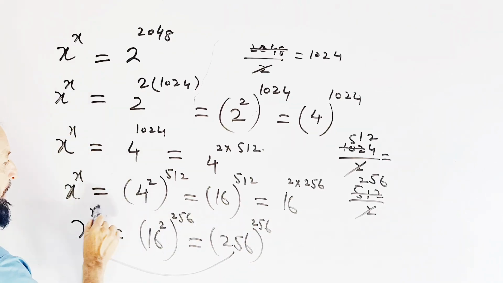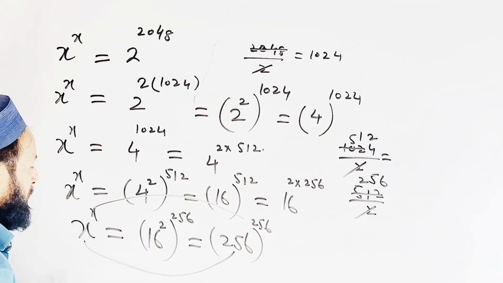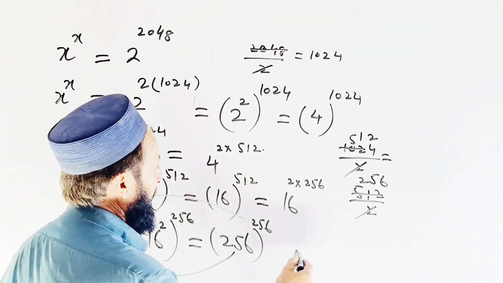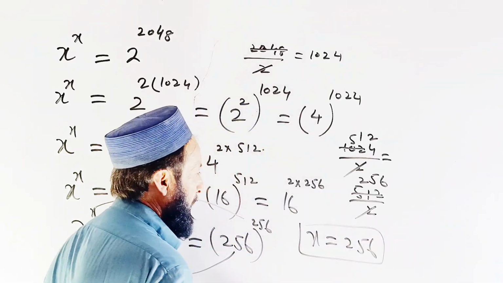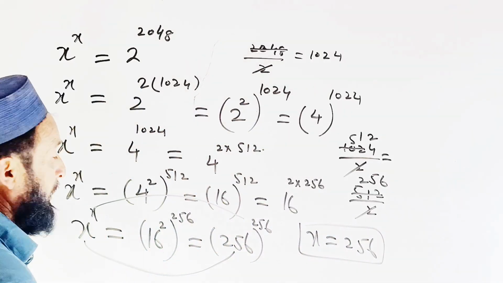Now the bases are the same and the powers are the same. Look here, so we are comparing their exponents. So we get x is equal to 256, the solution of this question without logarithm.